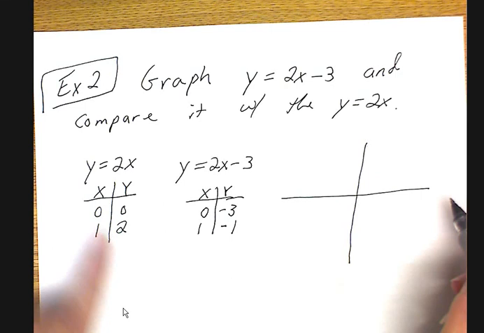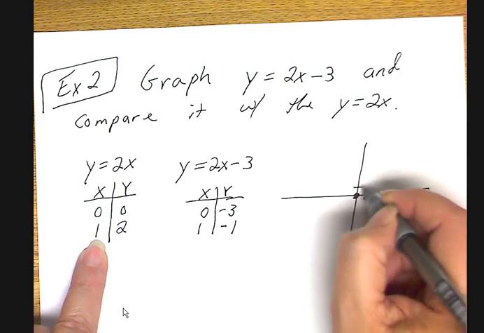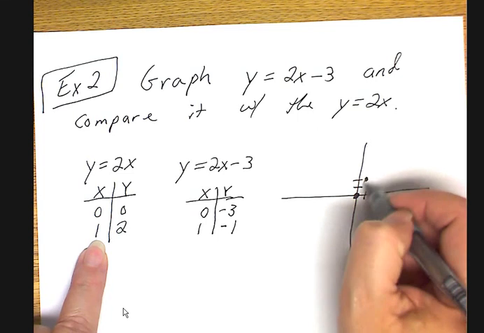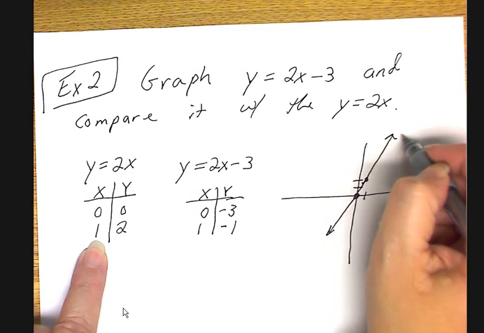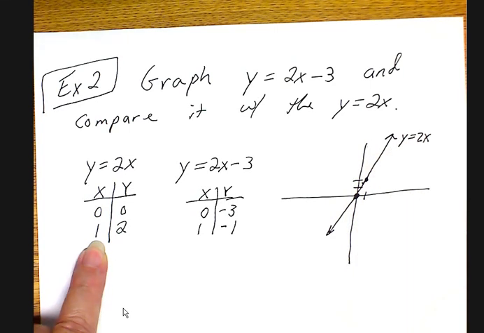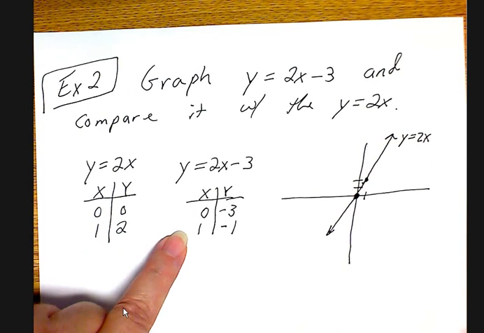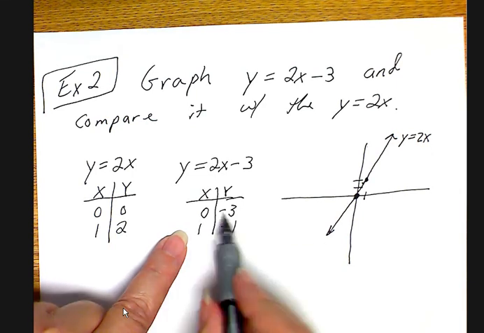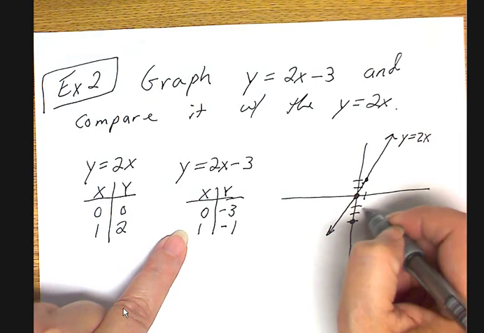So 0, 0 is here. 1, 2 is up here. So that's my y equals 2x. On this one, we have 0, -3. And 1, -1.